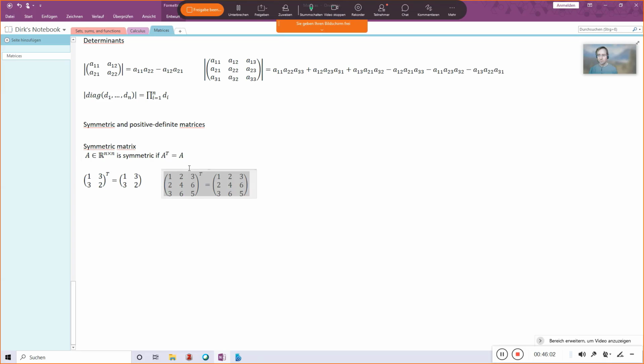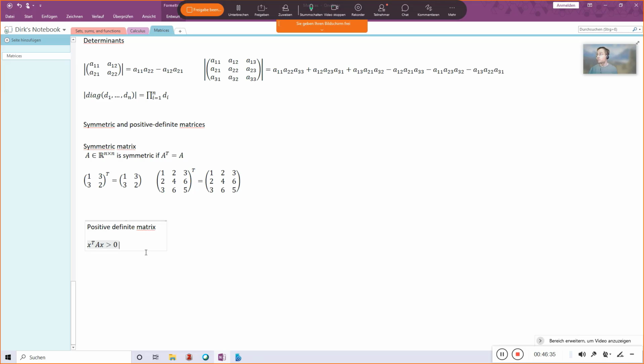And positive definite matrices are always symmetric, but they fulfill a more general criterion, namely the criterion that if they are multiplied by a vector, x transpose A x is larger than 0.